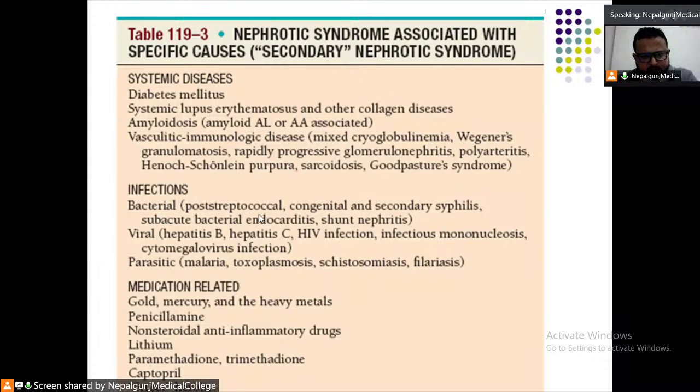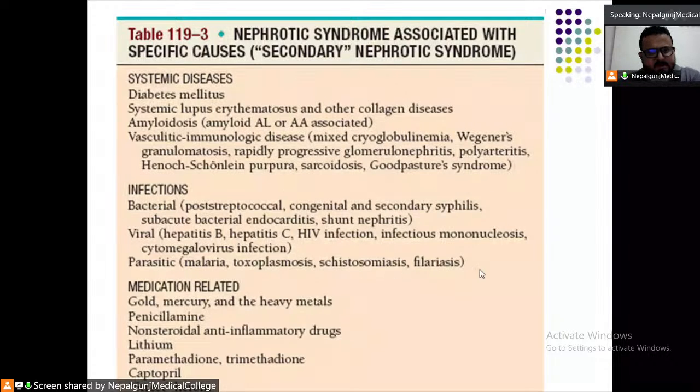Infections like bacterial, like post-streptococcal, congenital and secondary syphilis, SBE, that is subacute bacterial endocarditis. Viral causes like hepatitis B, C, HIV, infectious mononucleosis, CMV infection. Parasitic like malaria, toxoplasmosis, schistosomiasis, and filariasis.